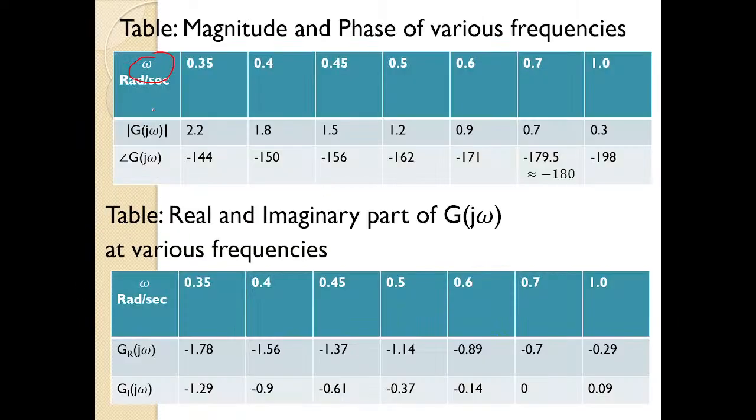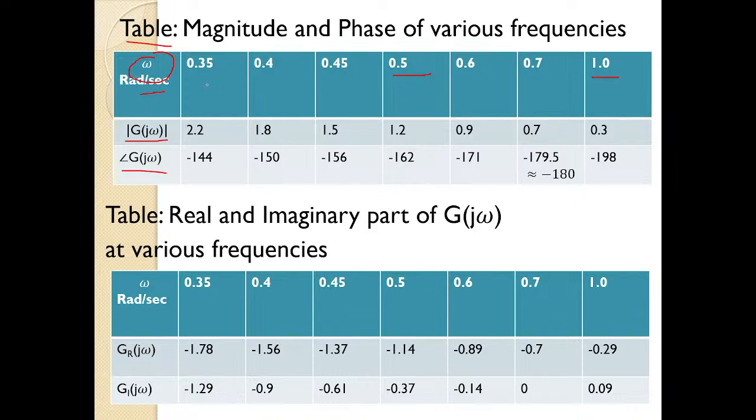Here, let us consider table 1. In this table, the first column has omega, the next is magnitude, and the next is phase angle. Just assume different omega values. I have included the corner frequency values also.